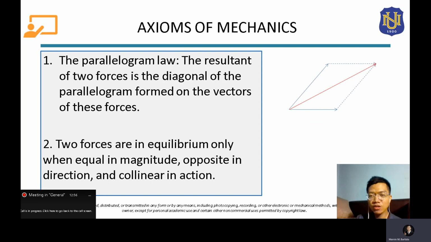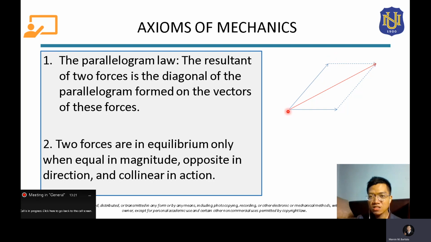For the parallelogram law, let's say you have two forces. This is the first force and this is the second force. If we offset this force this way, this will be the offset of that force. Same here with this force. If we offset this force, this will be the offset of that force.